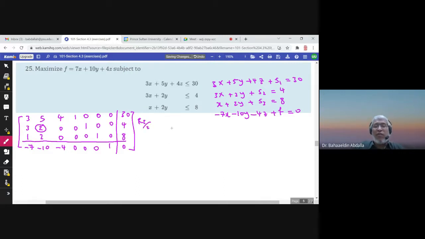And we will have the following. Divide by 2. 3 over 2. 1, and this is the pivot entry. Divide by 2. No change in row 3.